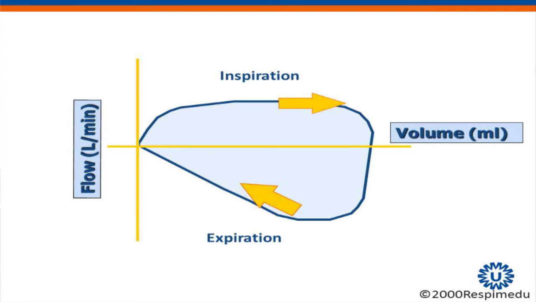What you normally see here is we start at zero flow and zero volume. Is it normal? Yes, that's normal. Because at the end of expiration, there's no flow and no volume. Above the X, it's inspiration, and below the X, it's expiration. And what you see is that expiration, in this case, is a complete straight line.